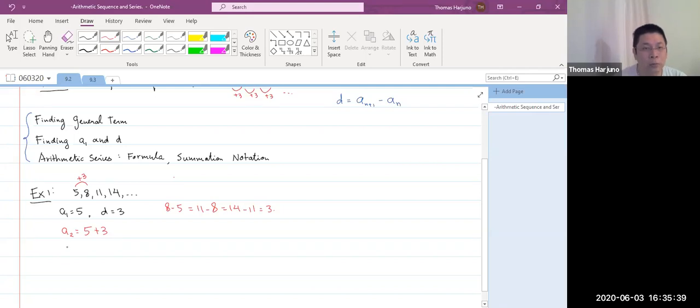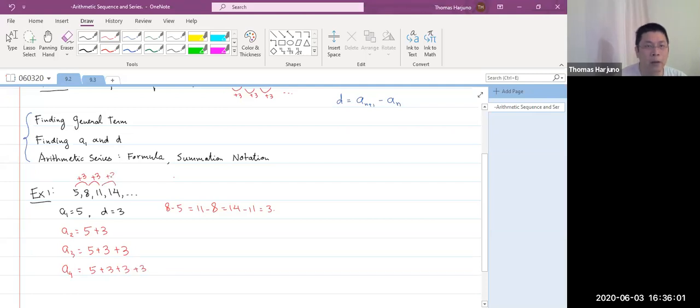The third term, I add 3 again, so the second term plus another 3. The fourth term, I add another common difference. So whatever I had before, I add another common difference.